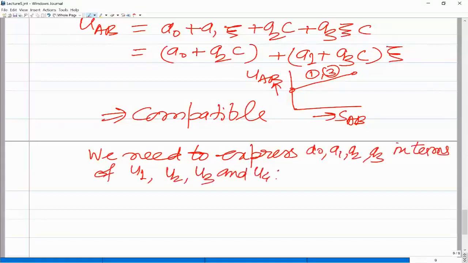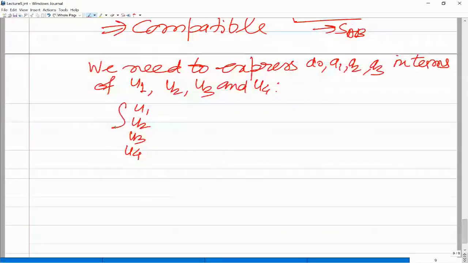So how do we do that? We say that u1 is the value of u at node 1. If I write in matrix form, u1, u2, u3, u4, the values of u at nodes 1, 2, 3, and 4, will be equal to this side.